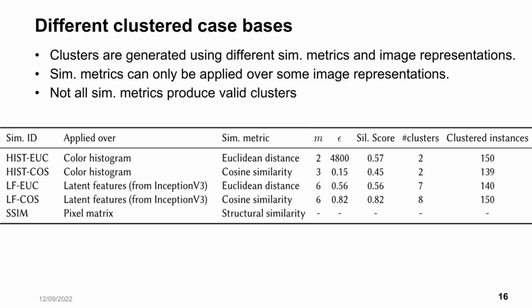Also, not all similarity IDs produce valid clusters, or in other words, clusters that can be used to extract prototypes. In the table below, we present all the dbScan parameters that generated the best clustering results for each ID. However, the SSIM ID results are blank because it did not produce any valid clusters for our case base. A detailed explanation of this table can be consulted in our paper.